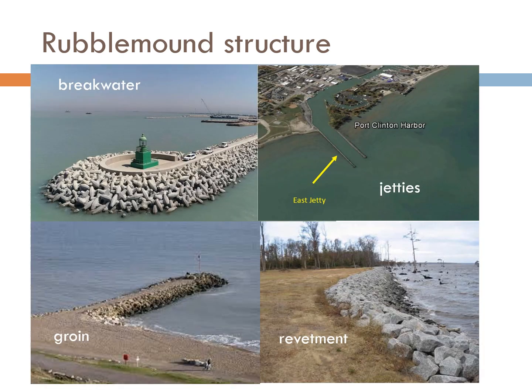Rubble mound type structure is a very popular option for breakwater, as we already mentioned, but the same rubble mound structure can also be used for other categories of coastal structures, such as jetties, which refers to a pair of shore perpendicular structures, usually designed to provide passage for navigation at a river mouth.